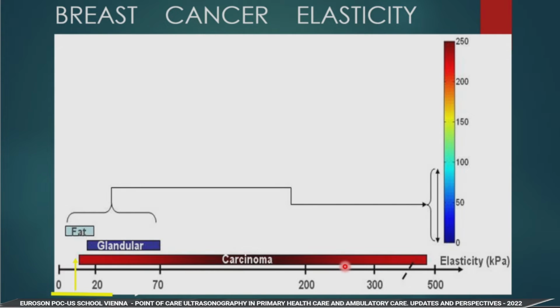But if you look here, and we will discuss that, you have some specific zones, some soft carcinoma, mucinous, colloid, in situ, and they look like fatty elasticity.